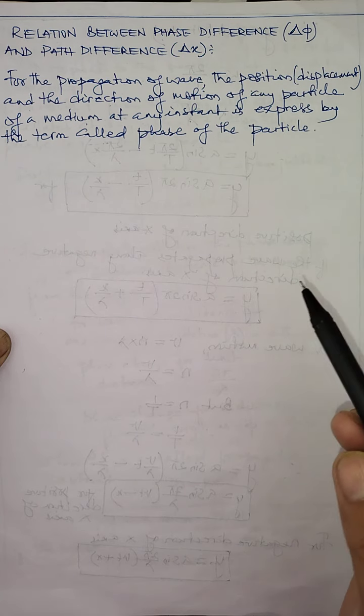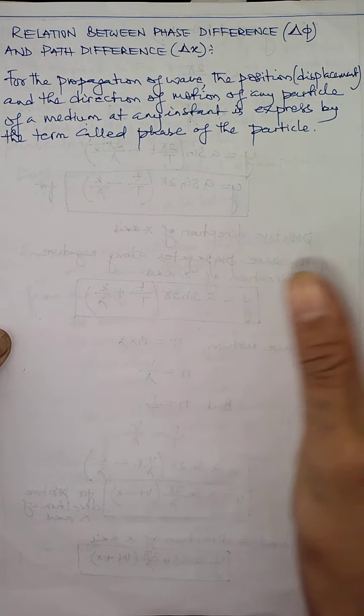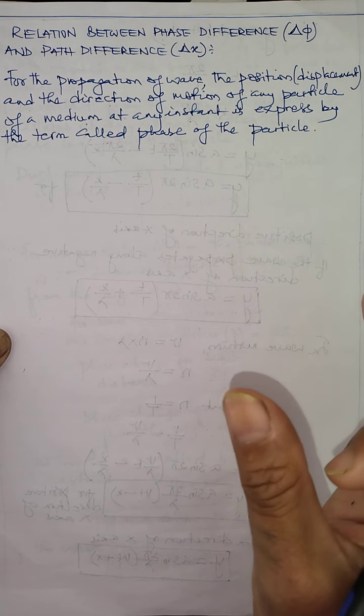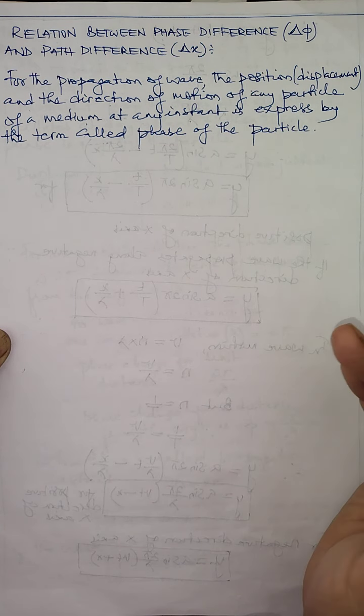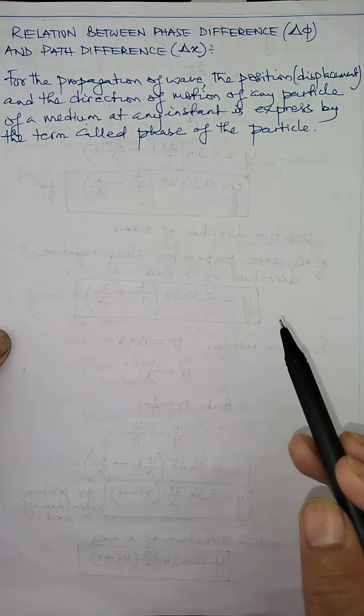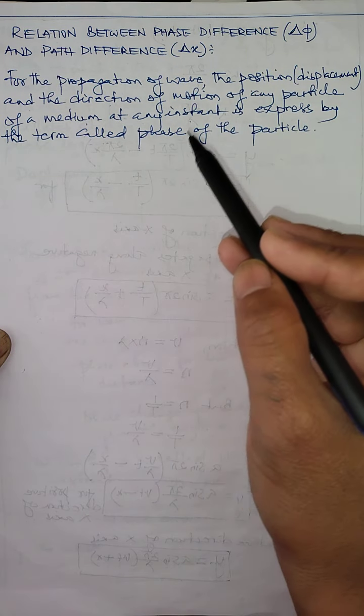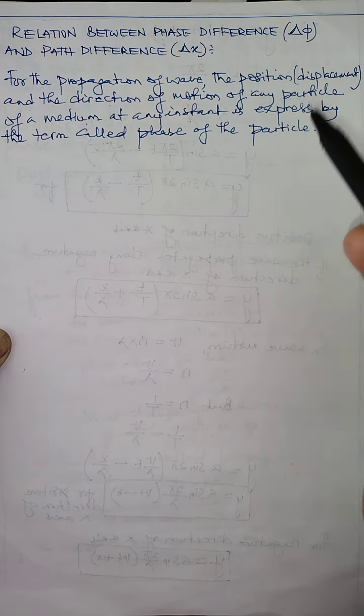And the difference in the distance of the particles in a medium with respect to each other is expressed by the term known as path difference. These are the two terms that we can measure and relate to each other when a wave propagates in a medium in any direction.